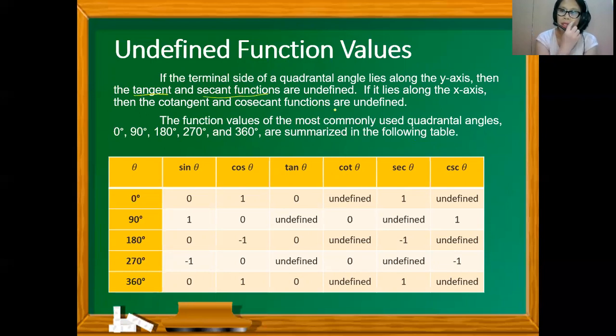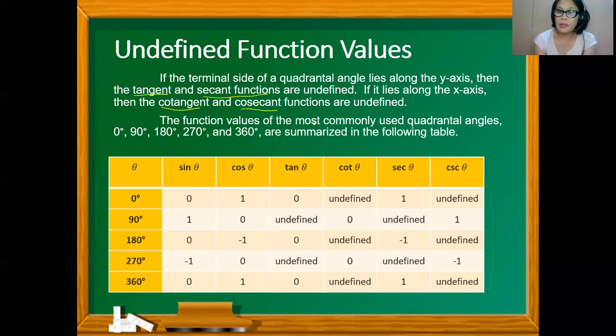In our previous example, we evaluated the trigonometric function values of theta equals 90, where the terminal side lies along the positive y-axis. So with that, tangent 90 and secant 90 are undefined. On the other hand, if it lies along the x-axis, the cotangent and the cosecant functions will be undefined.